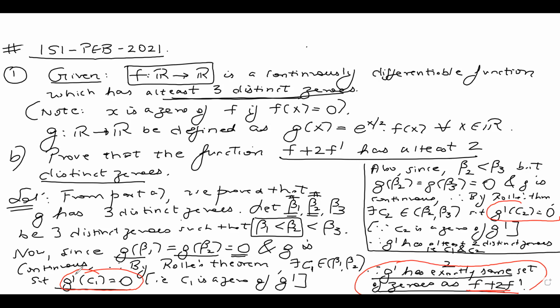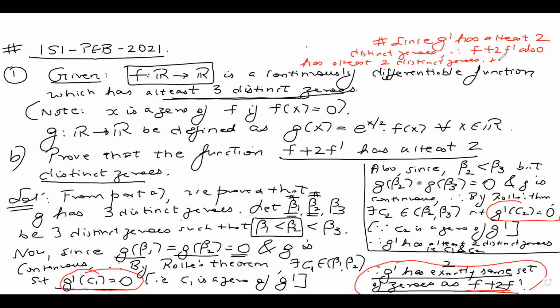So I can write this on the top: since g dash has at least 2 distinct zeros, therefore f plus 2f dash also has at least 2 distinct zeros. Hence proved.